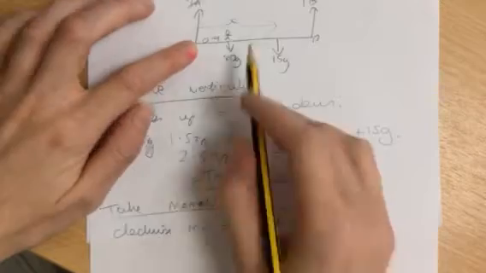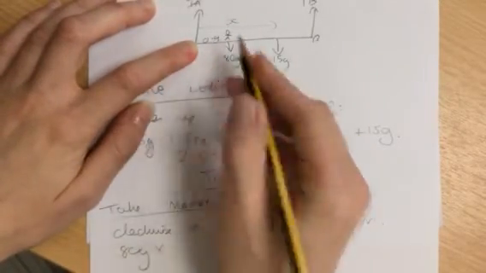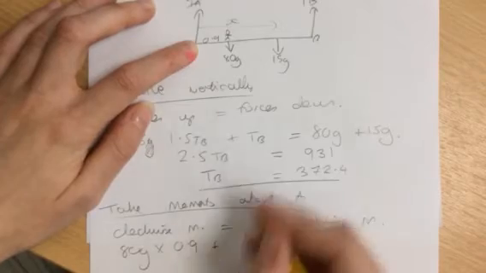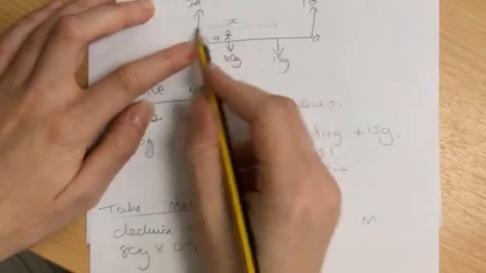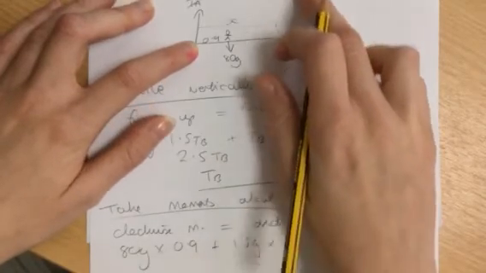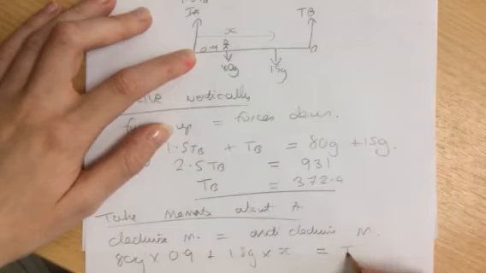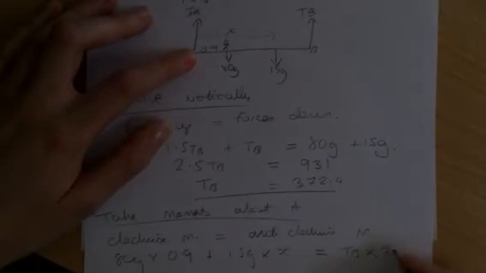Going from A, the ones going clockwise are these two. So we've got 80g times 0.9 again, plus 15g times the distance, which we don't know, is X, equals the one going anti-clockwise, TB, times the whole distance of the rod, which is still 2.8.